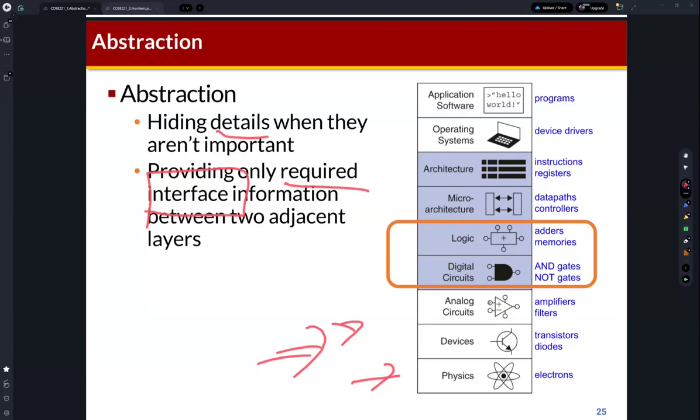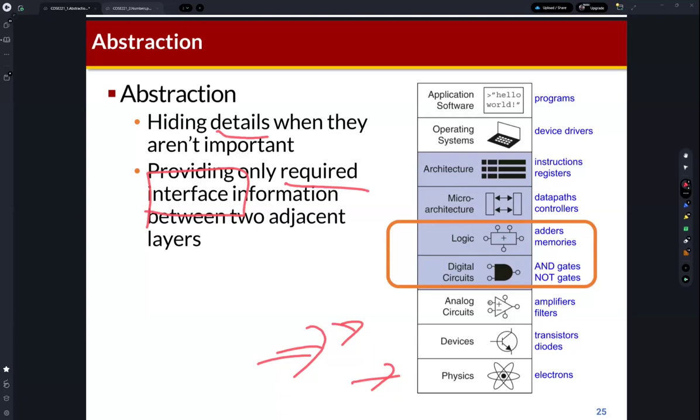We need to understand how the electrons move inside of a circuit. So this is an electric device, but in order to build an electric device, we need to understand the electric physics, right? So how the electrons move inside of a circuit like this?